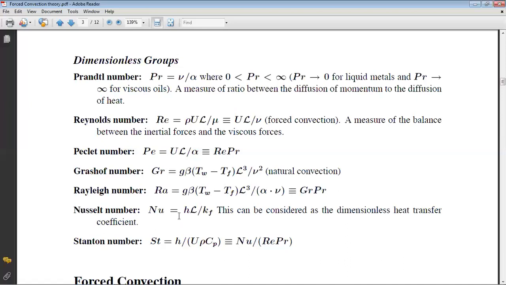Nusselt number can be equated to hL upon K, where K is the thermal conductivity of the fluid. Now you will have the Nusselt number value out of an empirical relation, which is obtained from the heat transfer data handbook. If you equate that with the value of hL upon K, you will get the value of h.